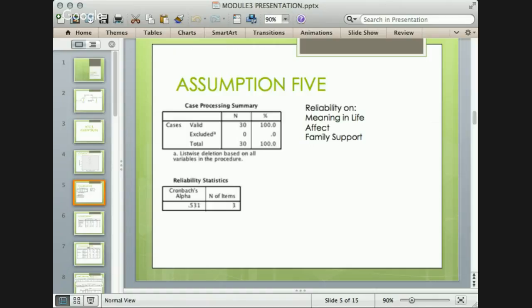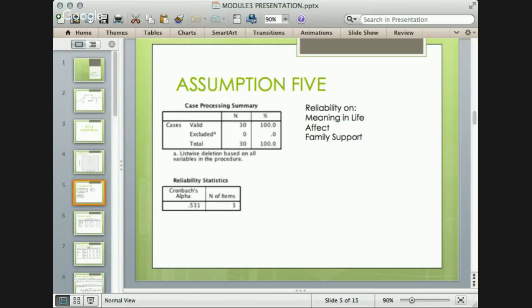Now we go to the assumption that there's no measurement error, and we address it by looking at Cronbach's alpha, the reliability between meaning in life, affect, and family support. Our alpha is 0.531.